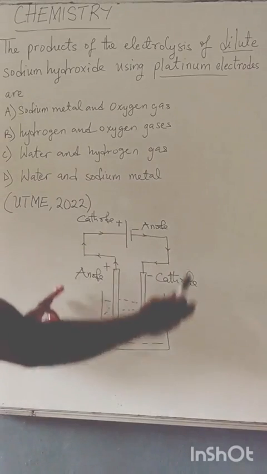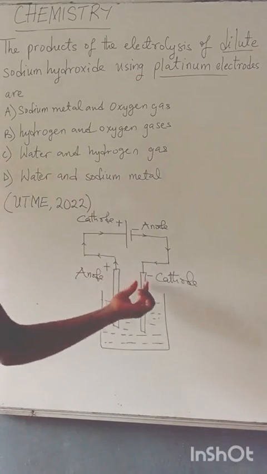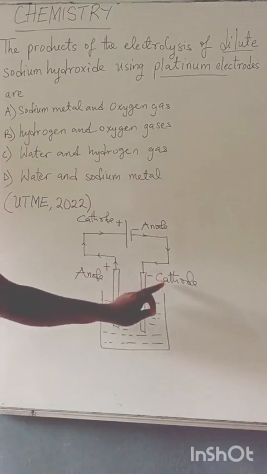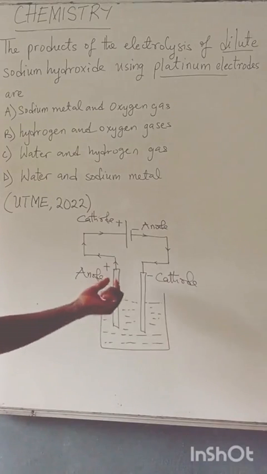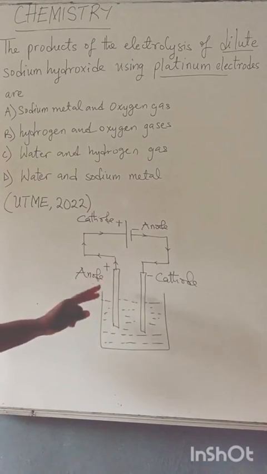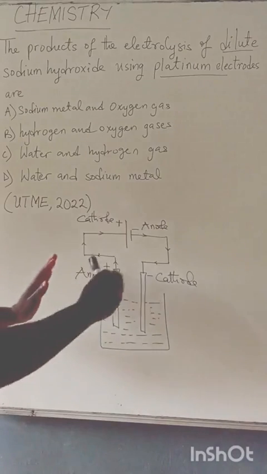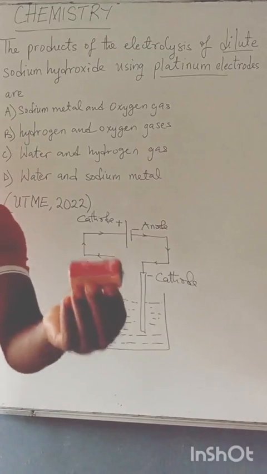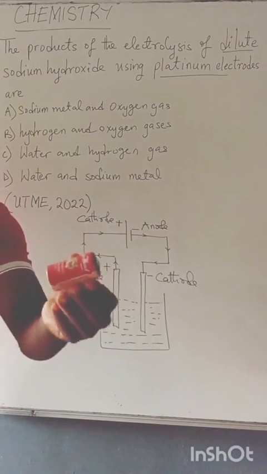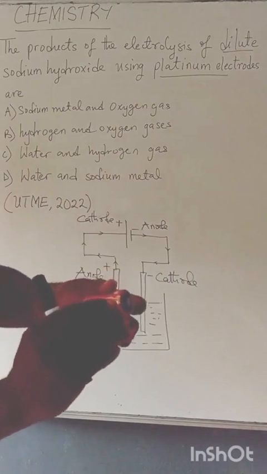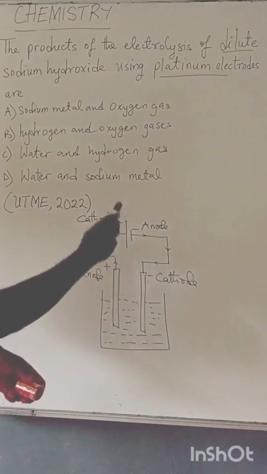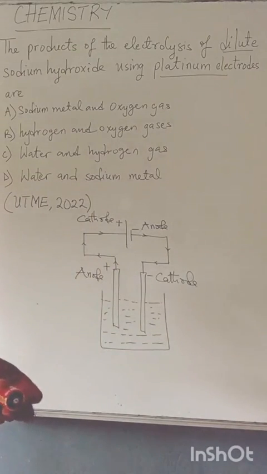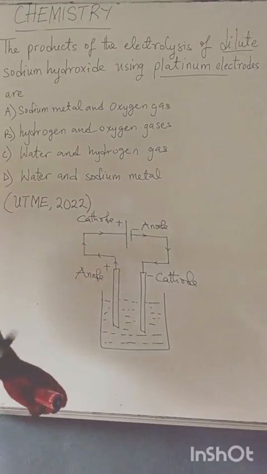In the electrolytic cell, the negatively charged electrode is called cathode, while the positively charged electrode is called the anode. But for this electrochemical cell, this dry cell I'm holding here, the part that is positively charged, which is indicated by the longer line here, is called cathode, and the shorter one is called anode.